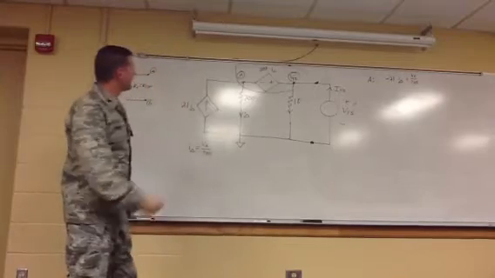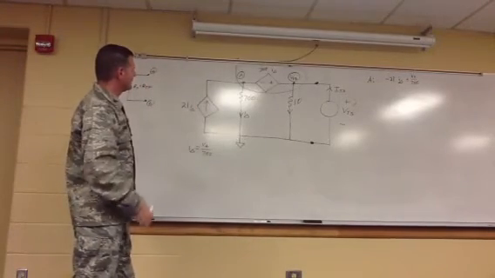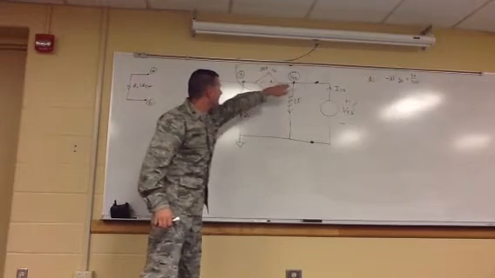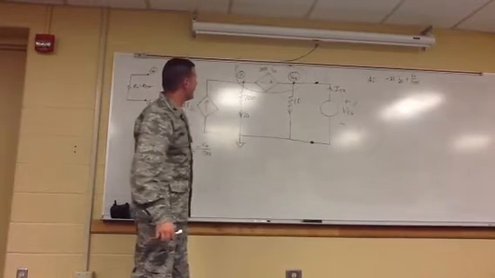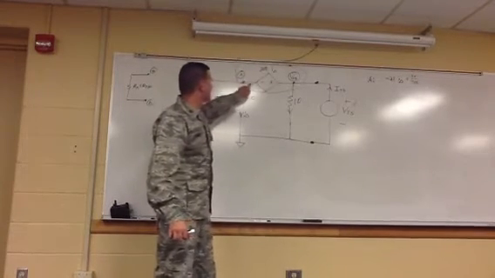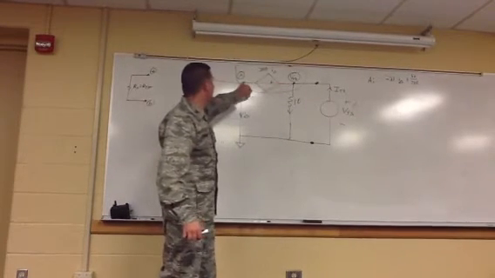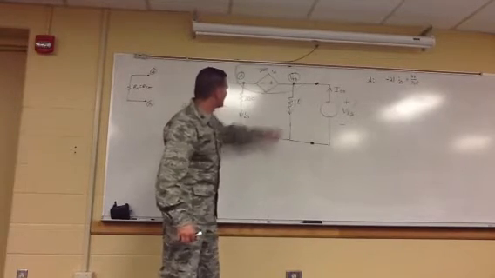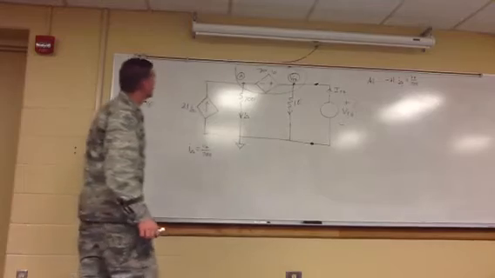how can we write that? Leaving the node, VTS, with the plus to minus, it's going to be VTS minus VA. And that's going to give me the voltage here relative to this. VTS minus VA, okay, divided by 10. Okay.